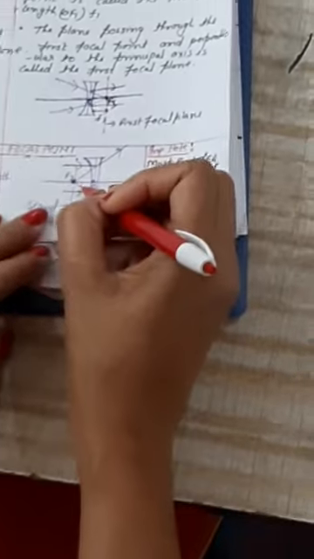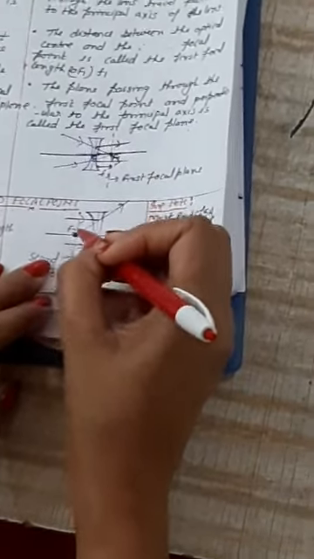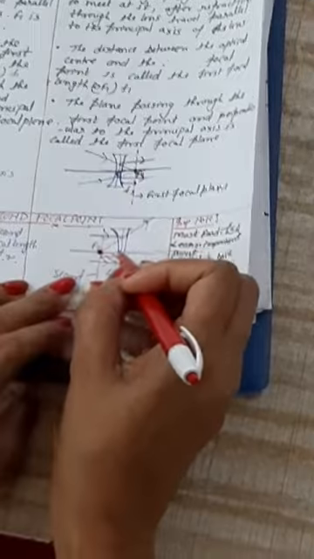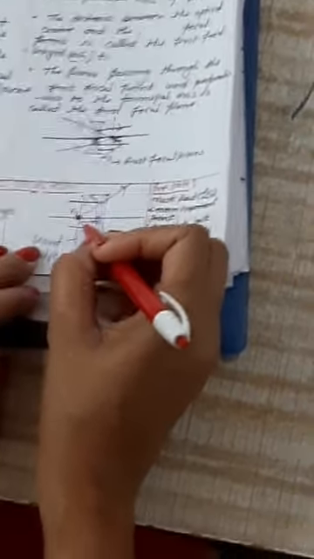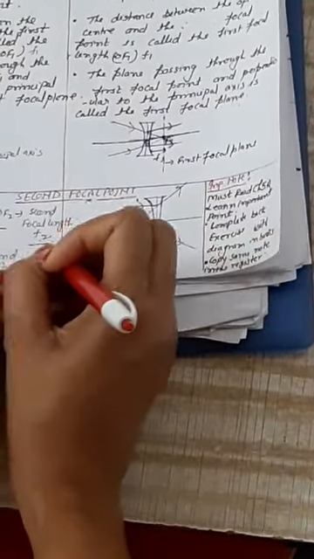This point is known as the second focal point. And the distance between the optical center O and F2, the optical center and second focal point, is known as the second focal length, and it is denoted by f2. We have already discussed this.